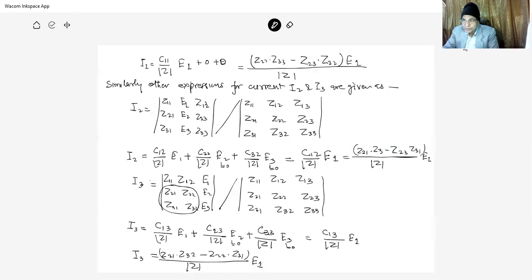For the current I2, we replace the second column, this is column 2 of the whole matrix, of the impedance determinant by the source.